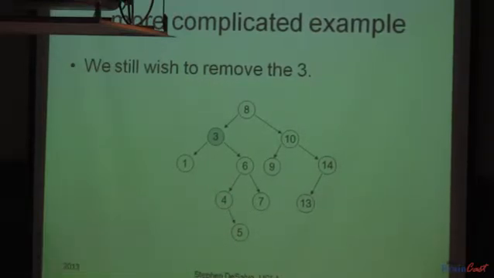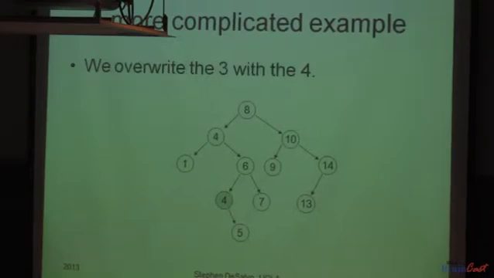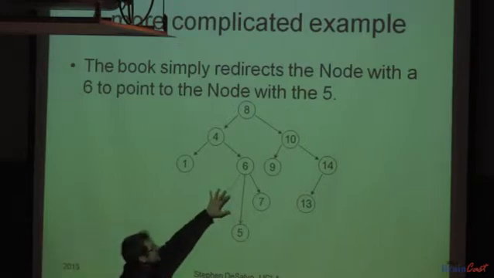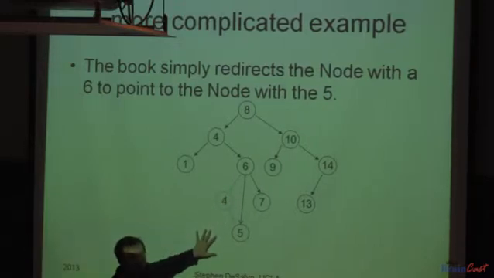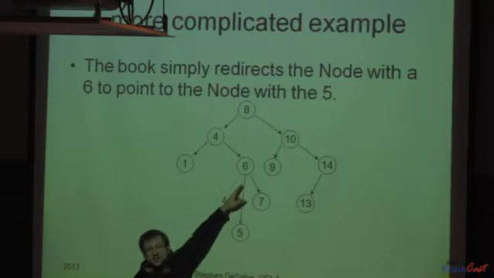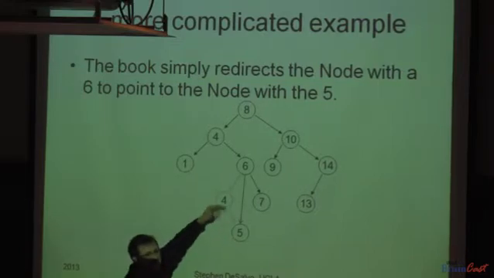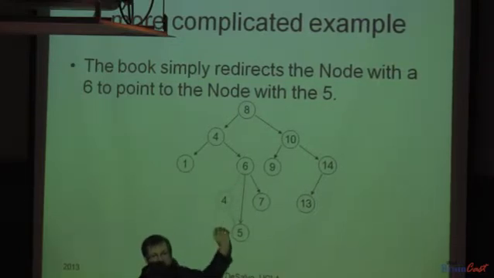But in this case, it's actually not a big deal because you just bypass the node. Okay? Anything that was a descendant of the 4 is going to be less than any of its ancestors. Okay?